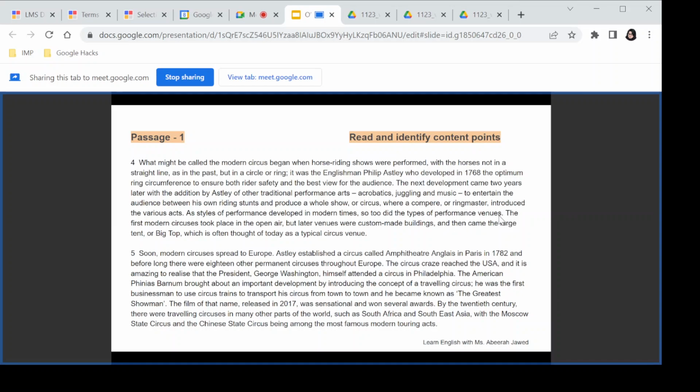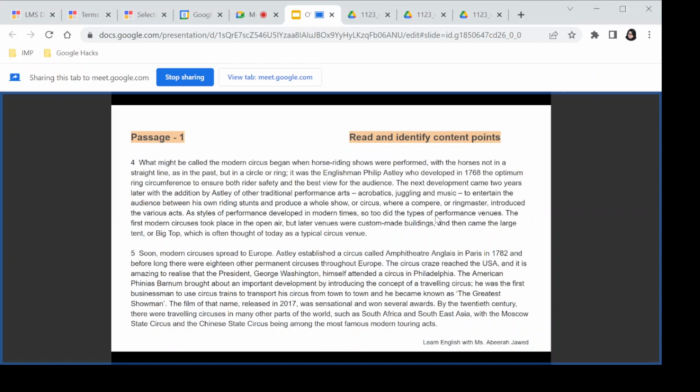All right. The first modern circuses took place in the open air, so you're given the examples from the old ones to the new ones now. But these are the examples of the same point, the performance venues. You can mention them, it is fine, but your main point has to be there.